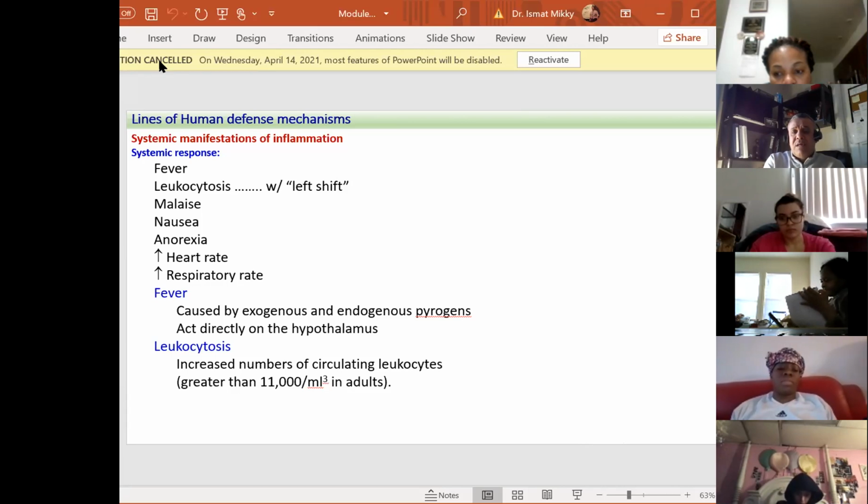The penia is the decreased, like leukopenia, which is decreased white blood cells. Leukocytosis is the increased white blood cells. So that's what you would expect in a patient with inflammation and infection: an increased white blood cell count, the leukocytosis.